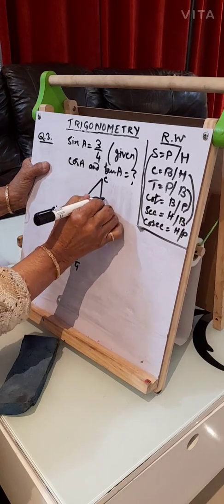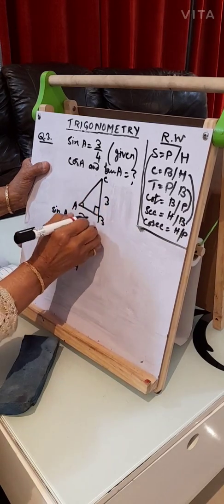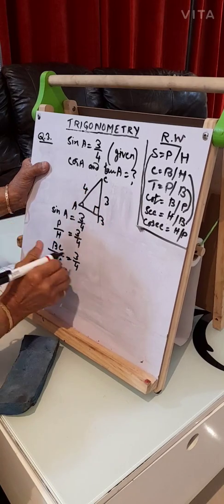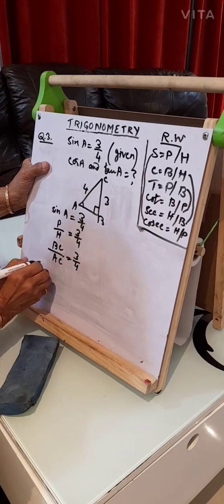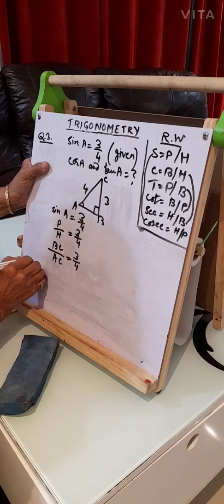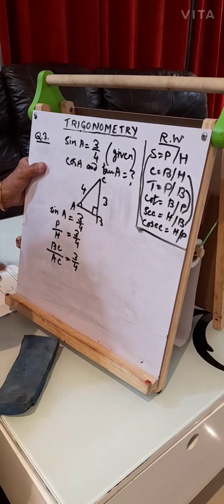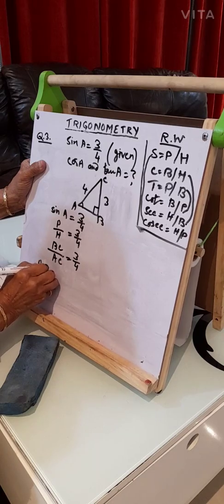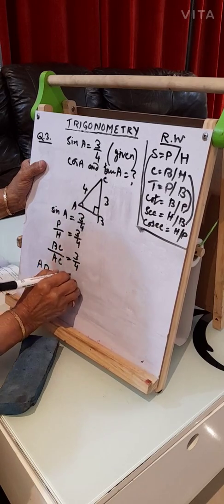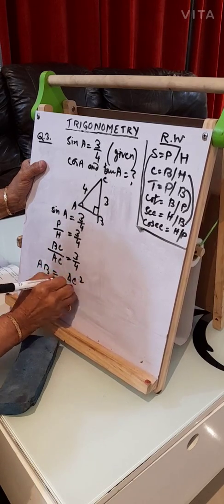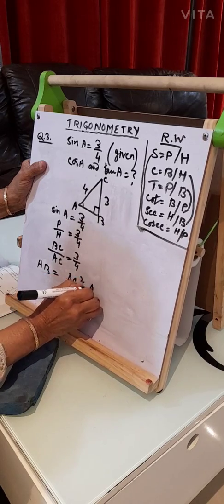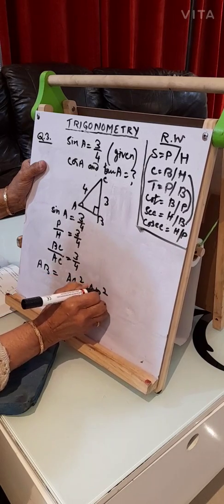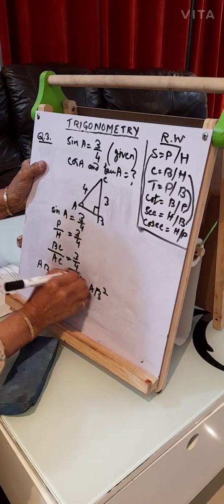It means BC is equal to 3 and AC is equal to 4. Therefore, AB we will find now again by Pythagoras theorem. So AB is equal to the square root of AC square minus BC square.